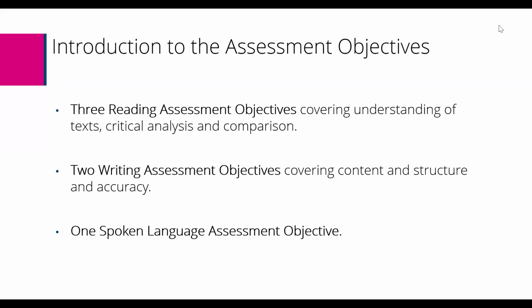For 4EA1, there are 3 reading assessment objectives, AO1, AO2, AO3, covering understanding of text, critical analysis, and comparison, and 2 writing assessment objectives covering content and structure and accuracy, which are assessment objectives 4 and 5. And there's one spoken language assessment objective.